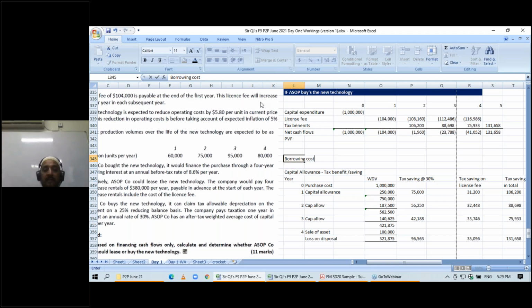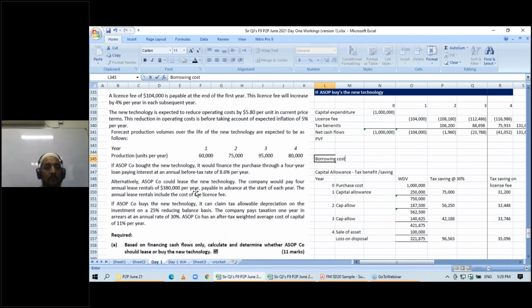It is 8.6 given in the question. So if they have given you a borrowing rate in the question for a lease or buy decision, you are going to use the borrowing rate for both the leasing option and the borrowing option, so that a like versus like comparison occurs.